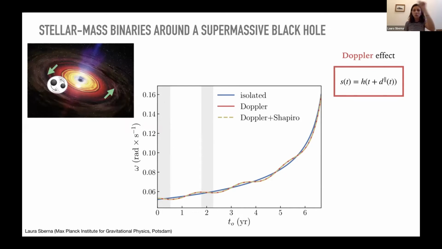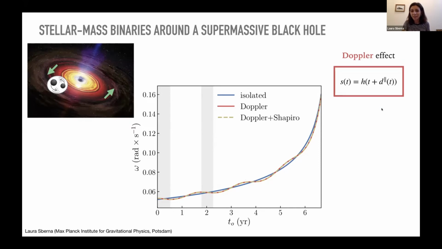Well, if this motion has a period that is similar to the observation time of the LISA mission, so 1 or 2 years, then the Doppler modulation of this orbit is very significant, and it actually causes the frequency evolution to become non-monotonic. You can see that the frequency goes up and down here around the vacuum prediction.